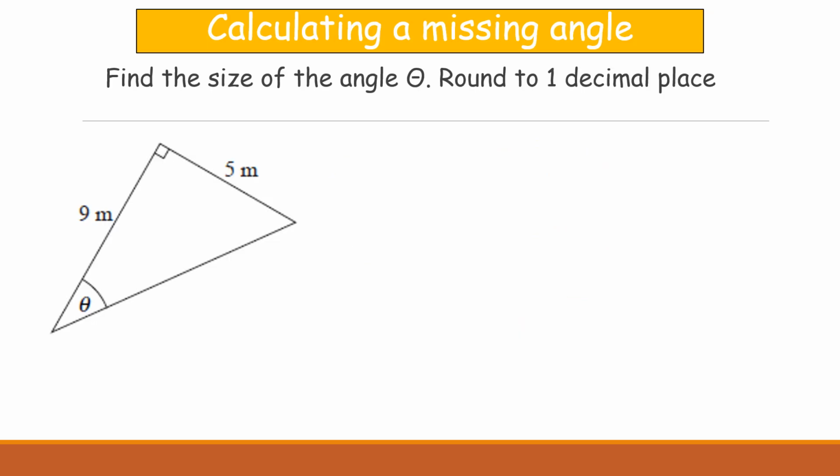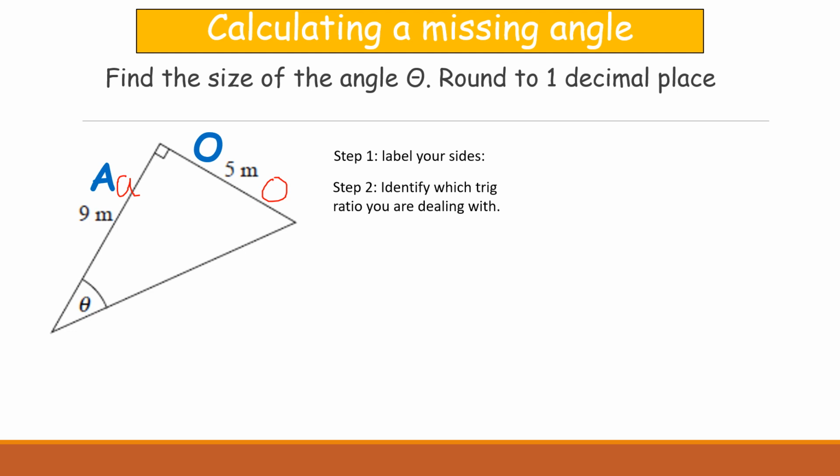First, find the size of the angle, which is here, and round your answer to 1 dp. You've got to make sure that you label your sides properly. Look at 5, that's where the angle is. Look at that 5, that is your O. This one is your adjacent. So we've labelled our sides O and A. Identify which one: sock, cat or tower.